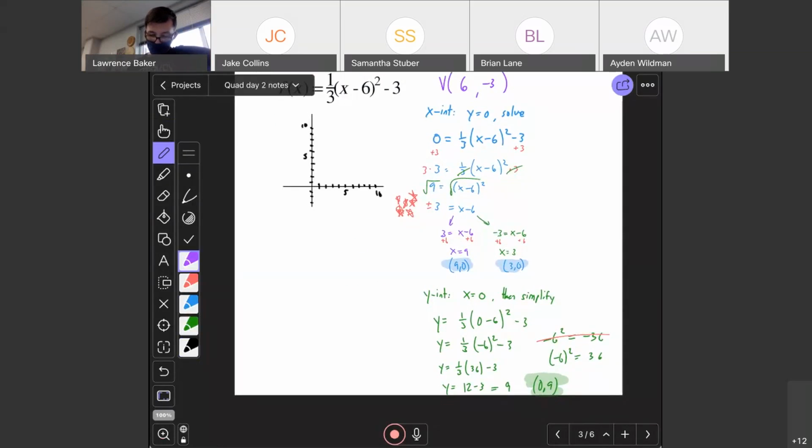My vertex is at (6, negative 3), which is over here. And I always put a star by my vertex because I need to make sure I really label that's an important point, the most important point. I need to know which one's the vertex, which ones are the other things. (9, 0) is my x-intercept. (3, 0) is my x-intercept. (0, 9) is my y-intercept.